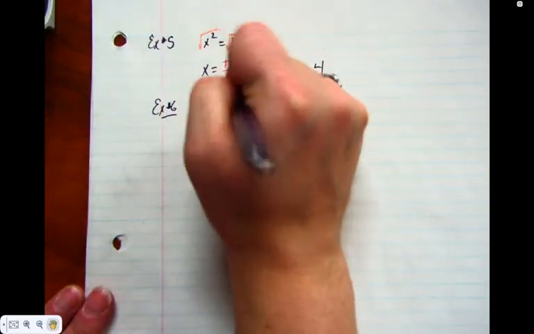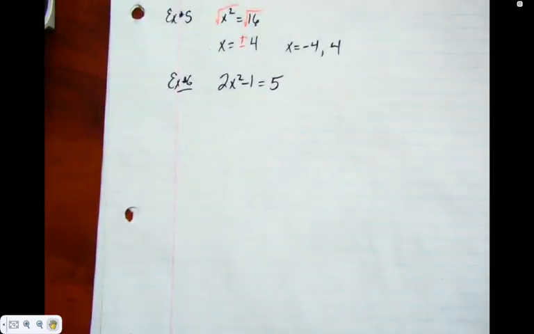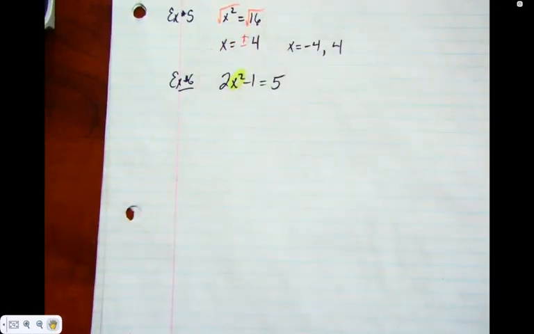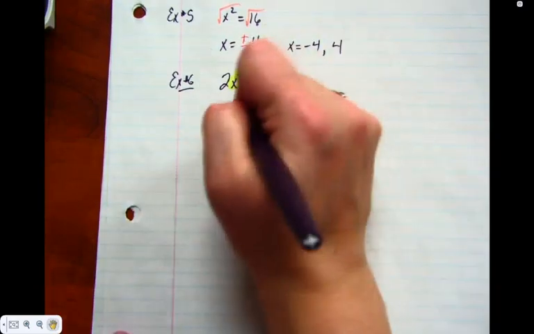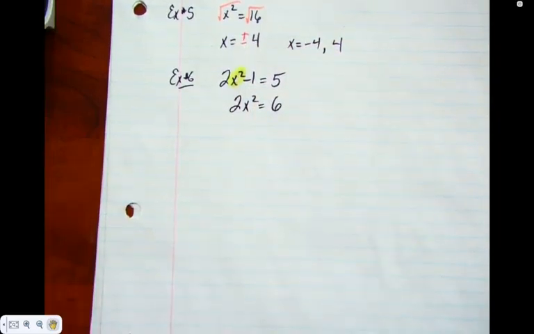2x squared minus 1 equals 5. Step number 1, I want this x squared all by itself. How do I get rid of the minus 1? How do I get rid of the 2?